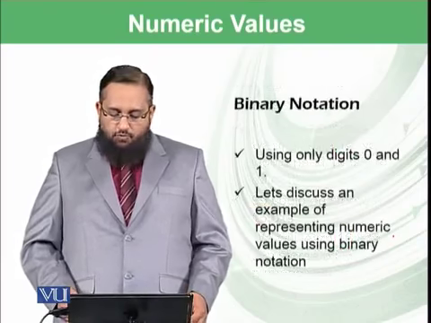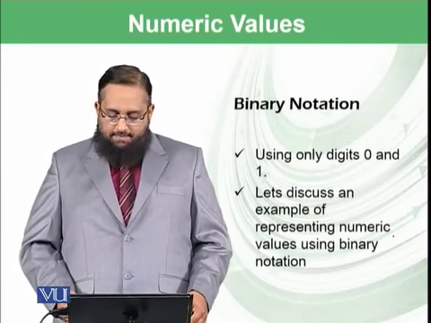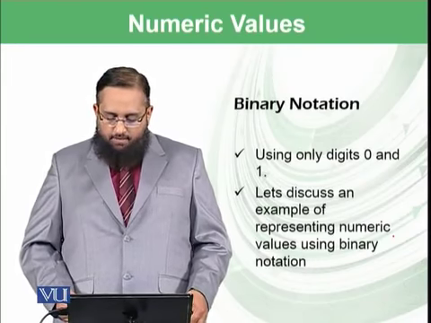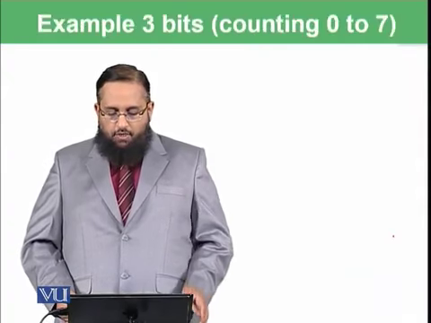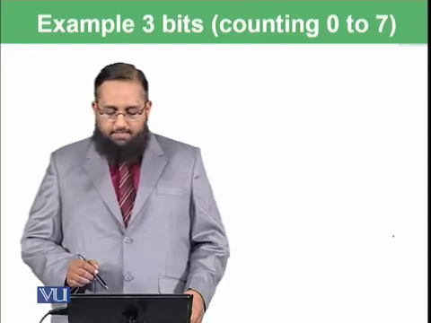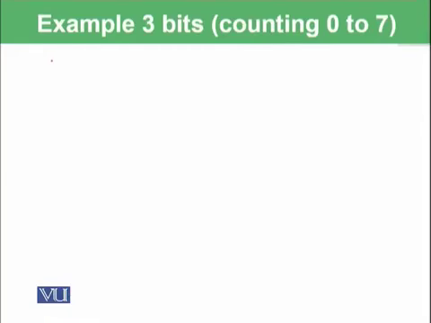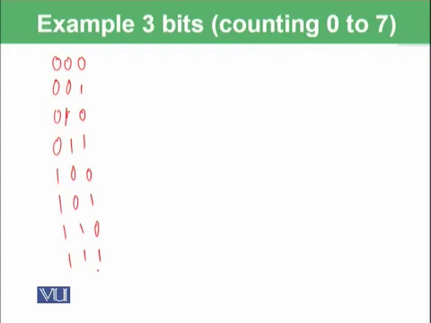For this we use the binary notation, and let's discuss an example of representing numeric values using binary notation. For example, we have 3 bits: 000, 001, 010, 011, 100, 101, 110, and 111. These are all possible combinations which can be formed with 3 bits, which are 8 in count.